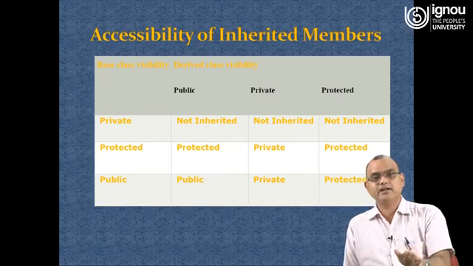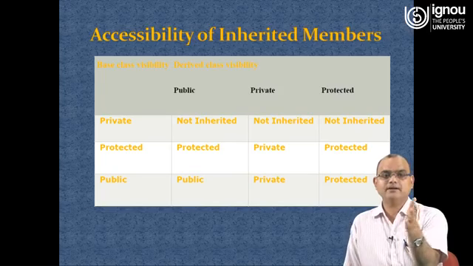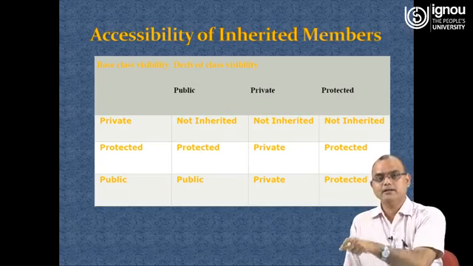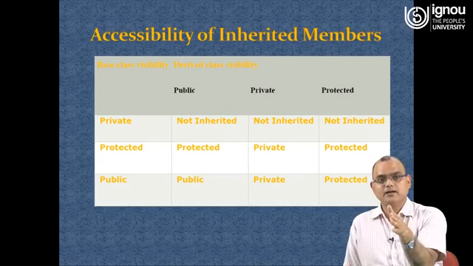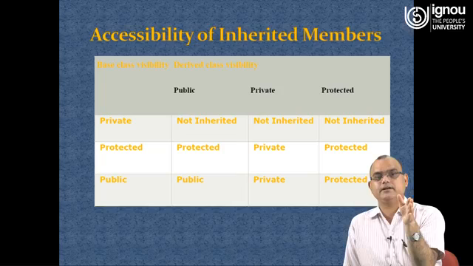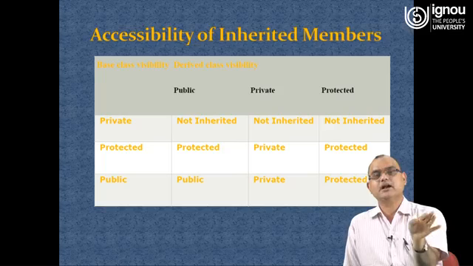If it is publicly derived, then you see in the column private is private, protected is protected, and public is public. If we are deriving privately, then private is not inherited, protected becomes private, and public becomes private. It means from that derived class further things cannot be accessed.